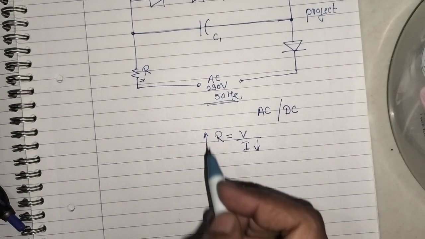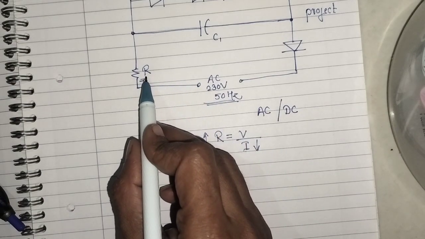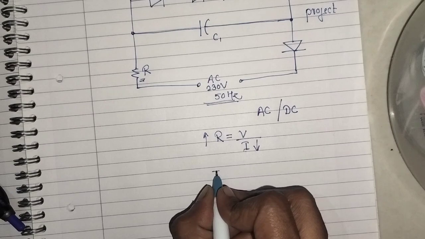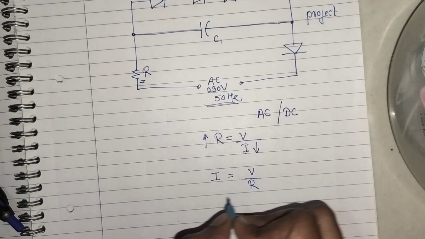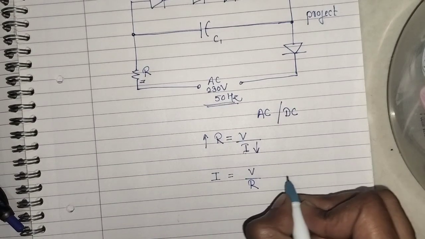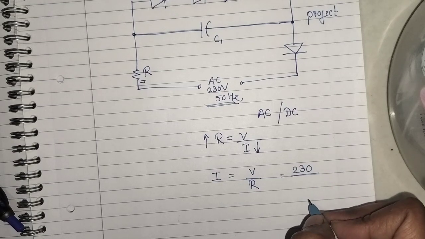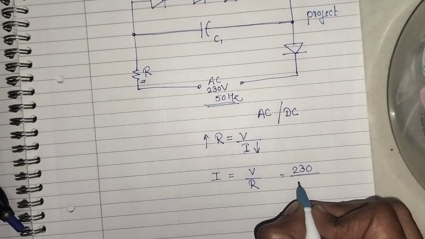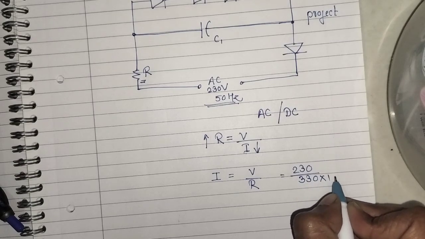So here, if I give the 230 volt to this resistor, I get I equal to V upon R, right? So here, what's the V? I'm having 230 volt, and what's the R? That we will decide. Let's suppose I have taken 330 kilo ohms.